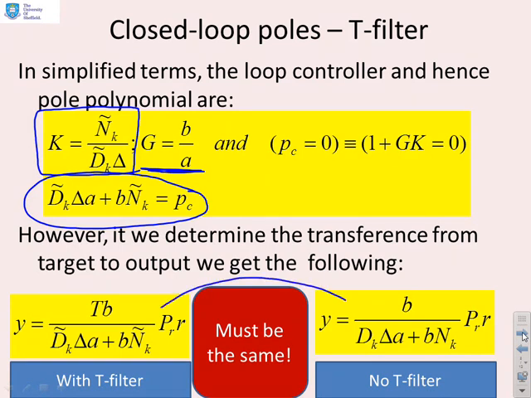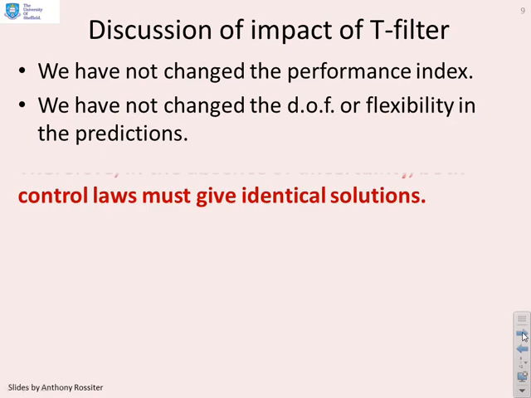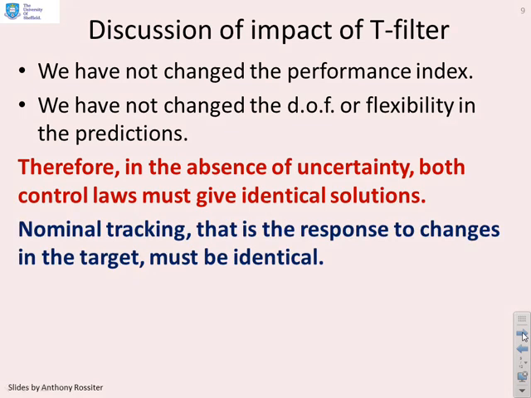So in other words, these two expressions here have to be identical, but you're looking at them saying, well, they don't look the same to me, so let's see what we can do. We've not changed the performance index, we've not changed the degrees of freedom or the flexibility in the predictions, and therefore in the absence of uncertainty, both control laws must give identical solutions.